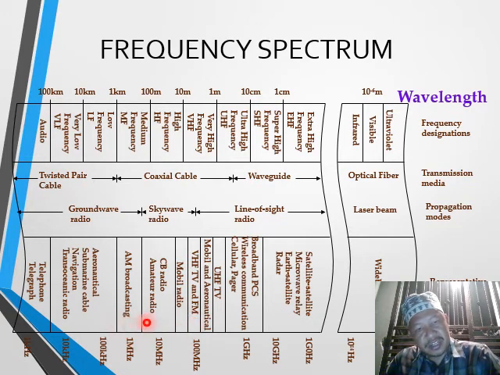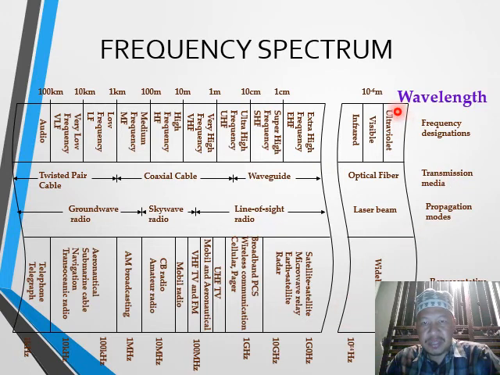So you can see the range. AM broadcasting is between 100 kHz up to 1 MHz. FM is around 50 MHz up to 100 MHz. Okay, the rest we can see later.